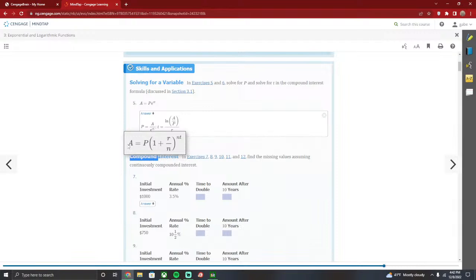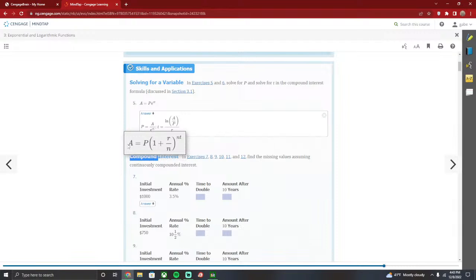Subtract ln P from both sides to isolate R and T, and you get ln A over 1 plus R over N minus ln P, and that's all going to be over R in the end.